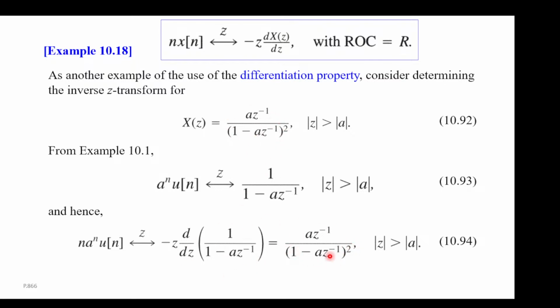So this side is exactly a times z minus 1 over 1 minus a times z minus 1 squared. You just get the square power here, and the extra weird factor just gets back to a times z minus 1 in the numerator.